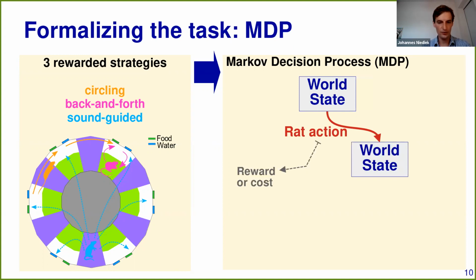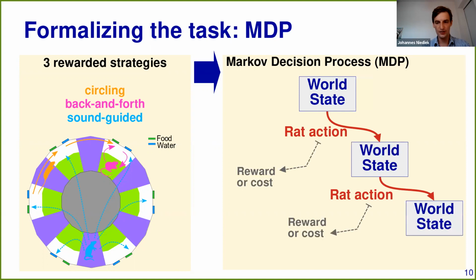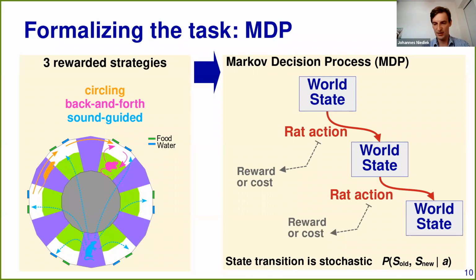This comes with a reward or cost. Then there's the next action and the next world state. So this creates a sequence of state, action, state, action, state, action, where everything is well-defined, and every action comes with a reward or cost. And the state transitions are governed by stochastic matrices that depend only on the previous state and the action.